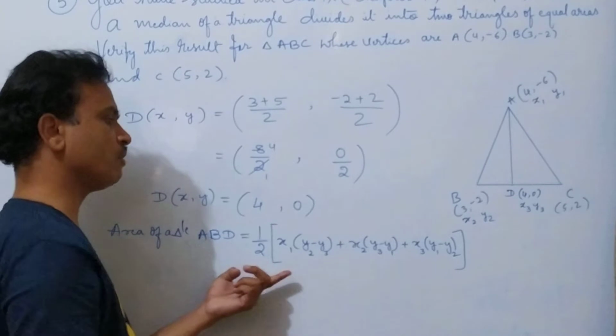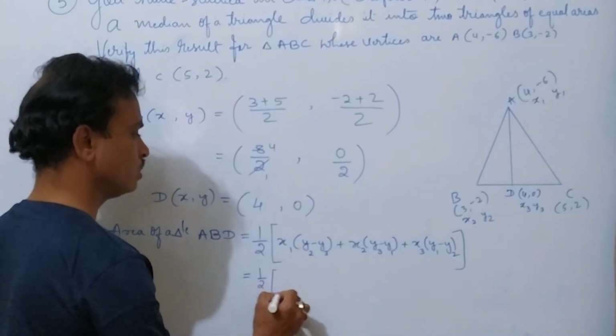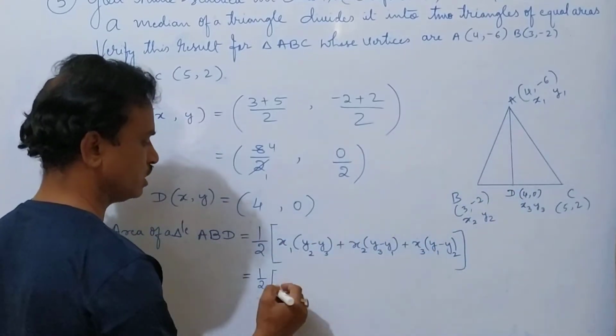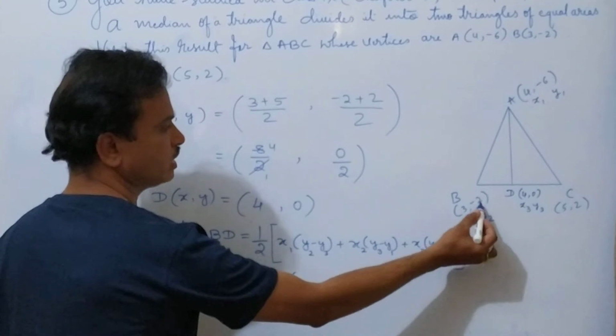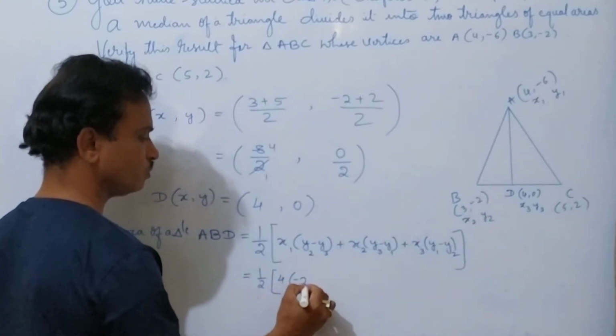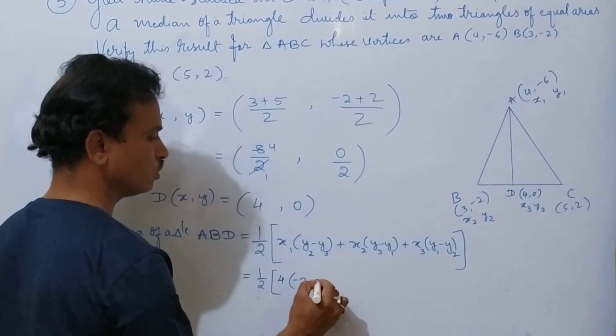Now substitute the values here. So 1 by 2 as it is. What is x1? It is 4. Then y2 is minus 2, then minus y3 is 0.